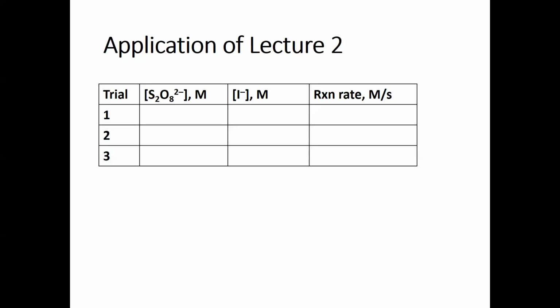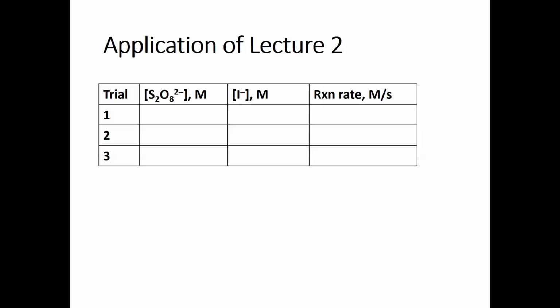Now, really important is to carefully look at the procedure to figure out what are the concentrations that go into this table. Because when we say the concentration for trial 1, we need the concentration upon mixture. So notice that you poured flask A together with flask B and the contents of the beaker.